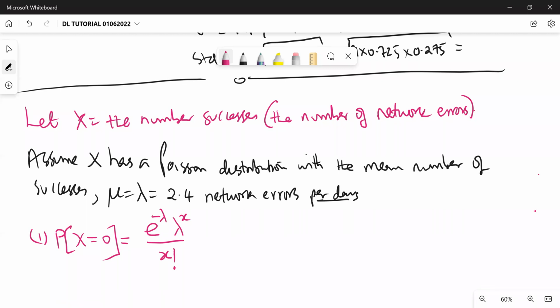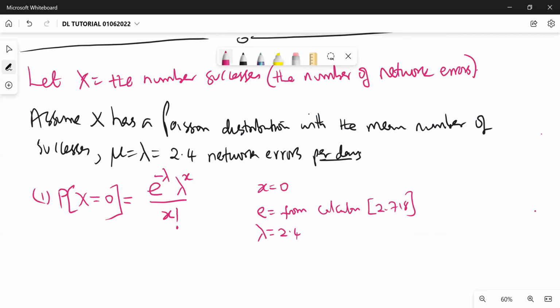We know that x is 0. We know that e is from a calculator, so we don't need to memorize it, but it's a value 2.718 something. Then we know that lambda is 2.4. We plug them in and see the solution.